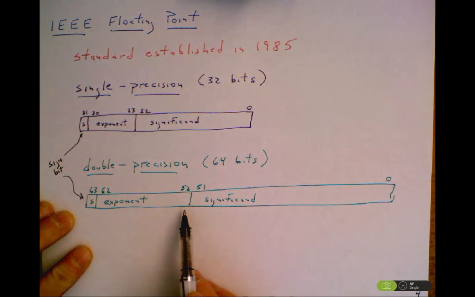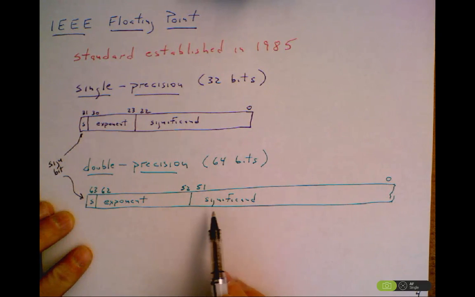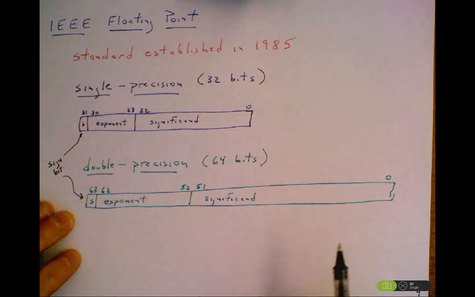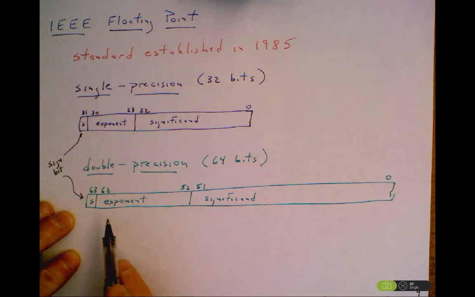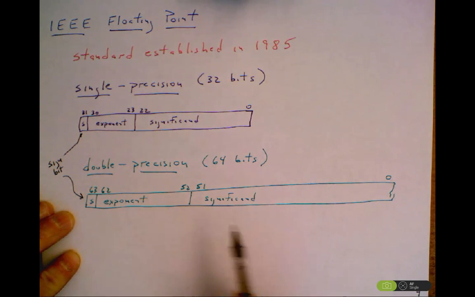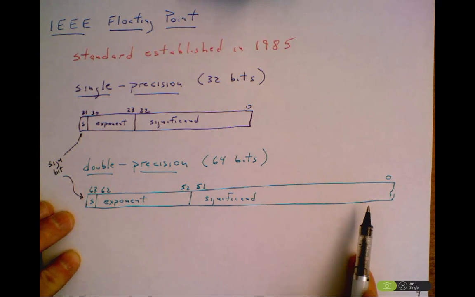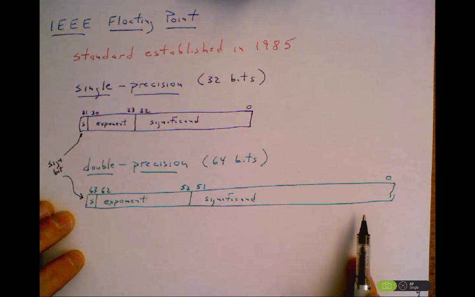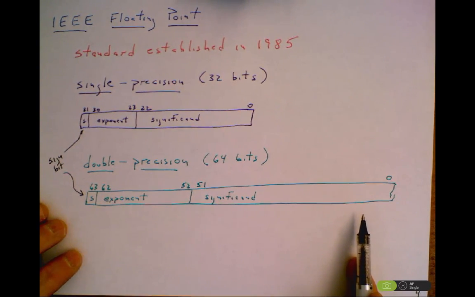Let's see, 11 bits, I guess, for exponent, and 52 bits for the significand. So double precision can support bigger numbers because of the bigger exponent, and also capture more digits of accuracy, more significant digits, just because there's more bits allocated to the significand.